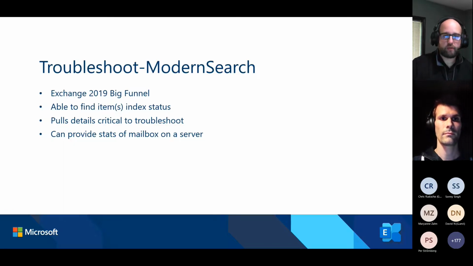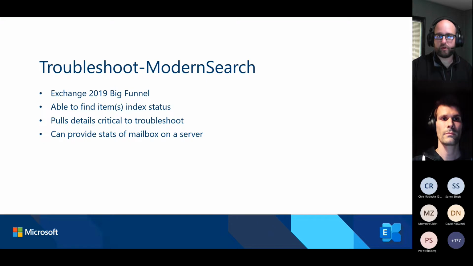And one of the scripts that got created within the last couple of years as well was Troubleshoot-ModernSearch. This was developed because of Big Funnel specifically. With Big Funnel, we have the ability to pull out your index status of individual messages, because that's where the personal object index is actually stored now. Instead of inside of a catalog database, it's actually stored on the message itself.